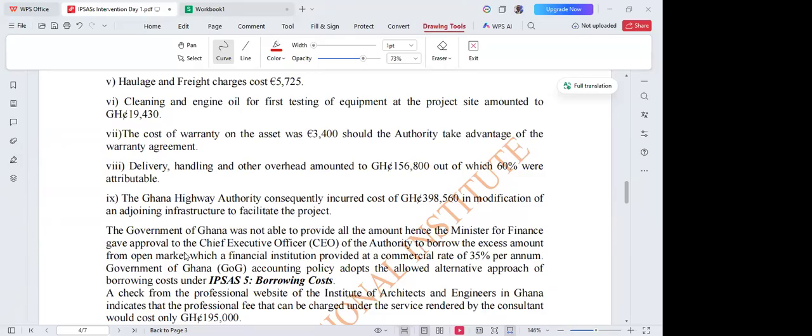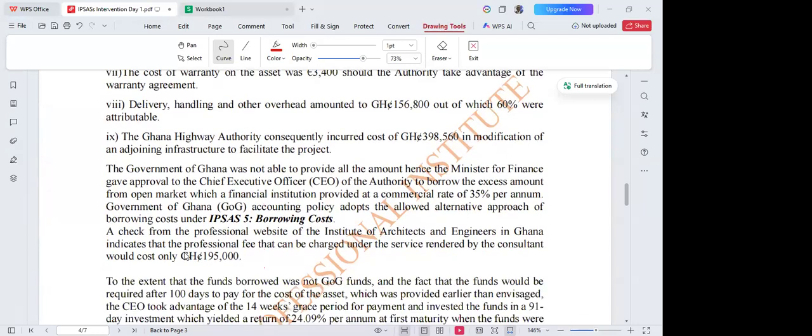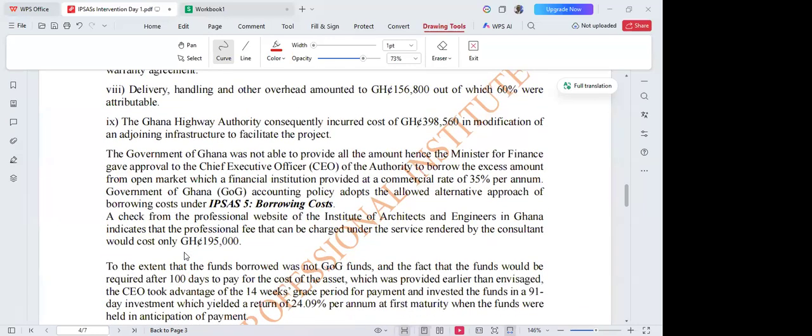VII. The cost of warranty at the asset was €3,400 should the authority take advantage of the warranty agreement. VIII. Delivery, handling, and other overhead amounted to 156,800, out of which 60% were attributable.